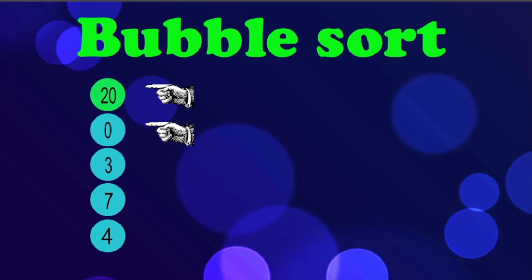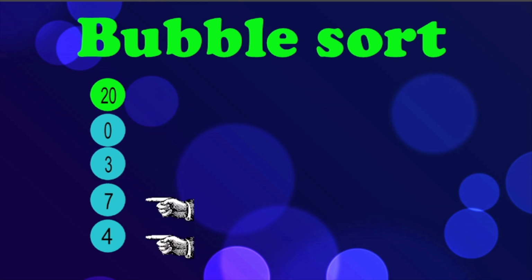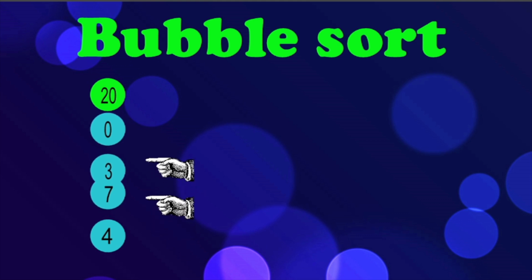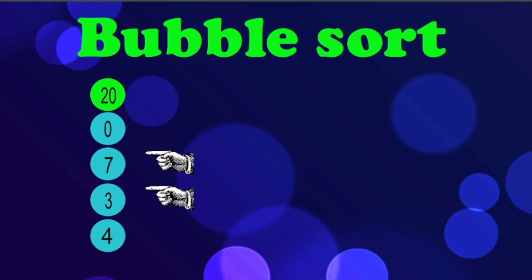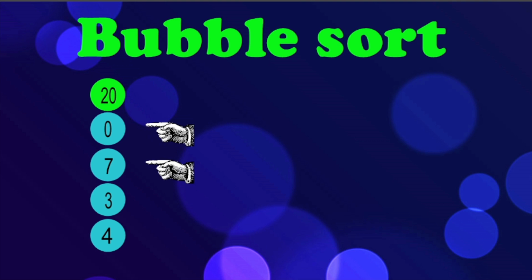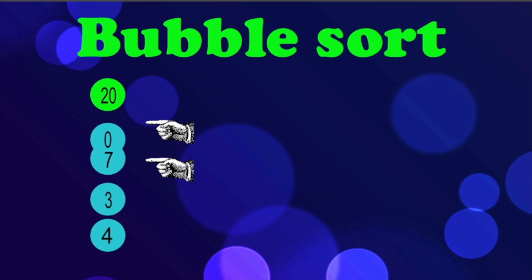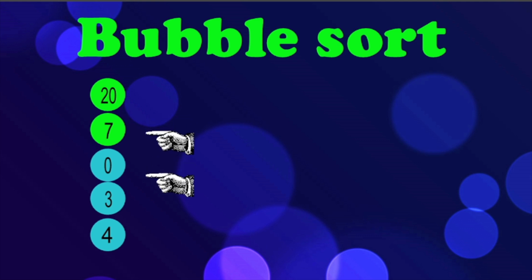Now the pointers are starting again from the beginning, and please notice that 20 is already sorted. Now number 7 is going up. Okay, pointers up, and 7 is going up again. Okay, and 7 is sorted.